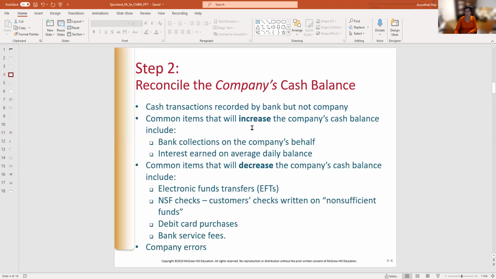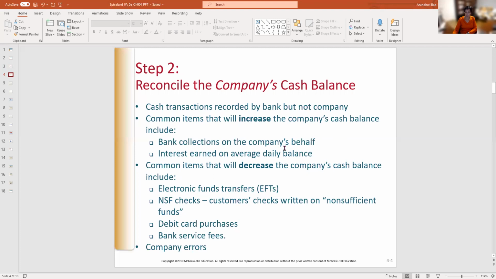So common items that will increase my cash balance are bank collections on the company's behalf. A very common example is if you have a direct deposit of your paycheck, that money is going into the bank, the bank has collected that money for you, it's already there. You don't have to do anything about it. You just need to update your records.